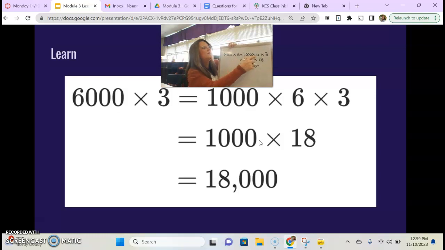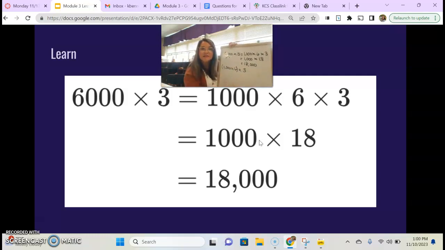Where did the 1,000 and the 6 come from? It came from the 6,000. So if you break that 6,000 up into 1,000 times 6, then you're still multiplying by 3.